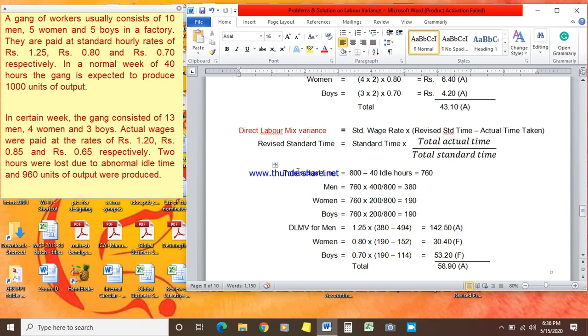Now in this problem, the total actual time the workers really spent doing the work comes to 760 hours, because 800 hours the laborers have worked. Again I go back to the previous one so that you are able to understand.